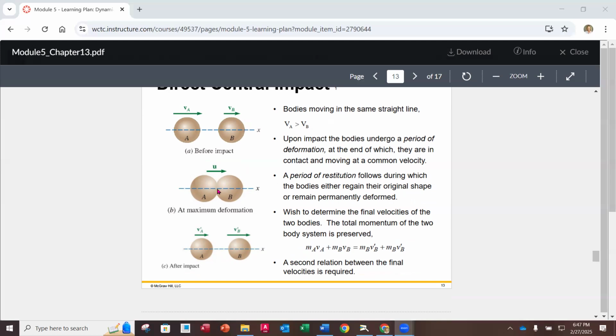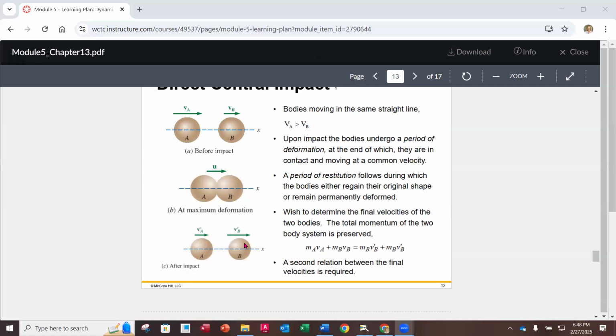Now, as they go back to their original shape, that is when the period of restitution actually starts to happen. That's where we actually see the one bounce off of the other. But there is that little bit of deformation where they're kind of stuck together, and then as they come out of that deformation, that is where this period of restitution occurs.